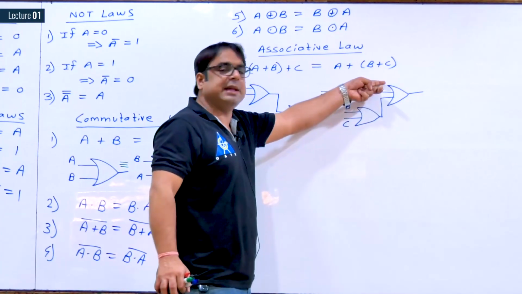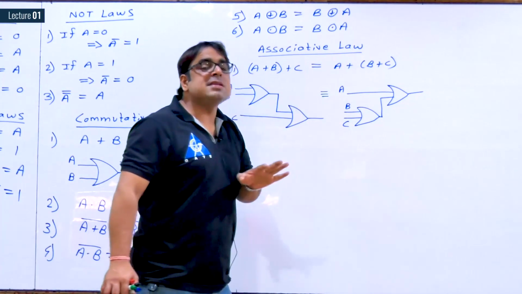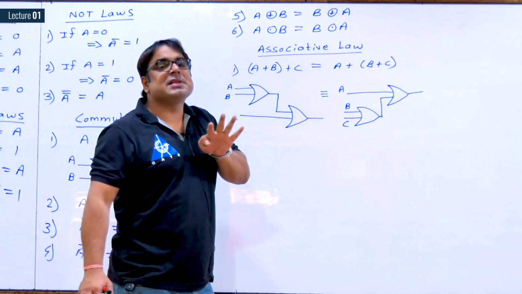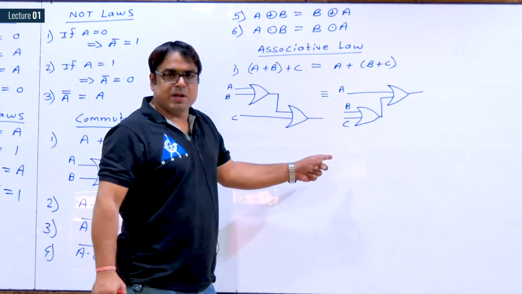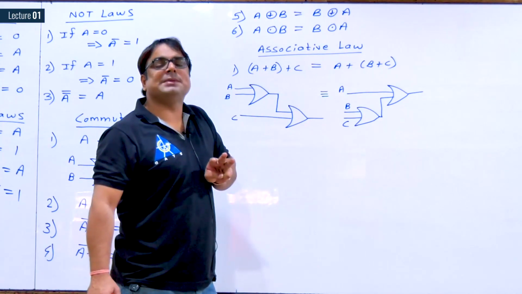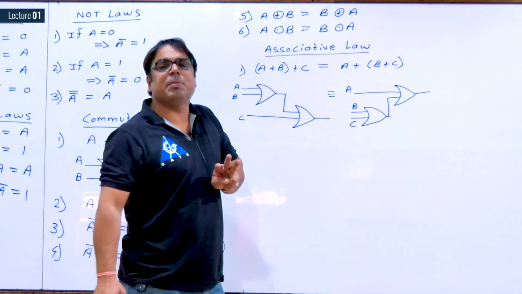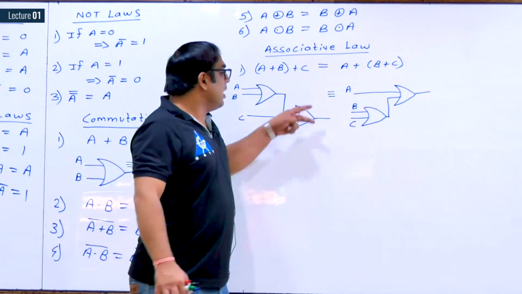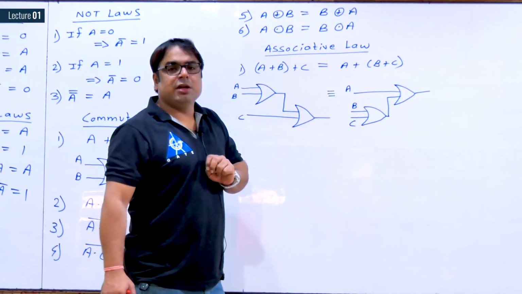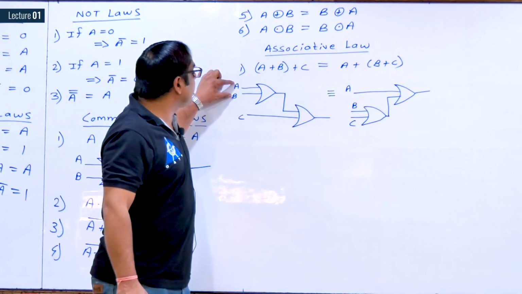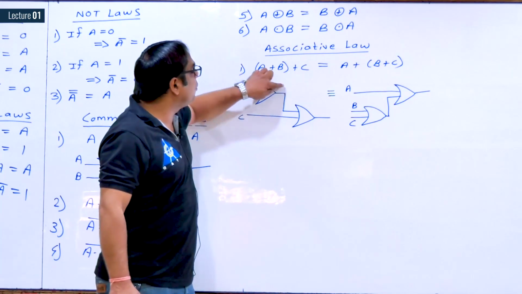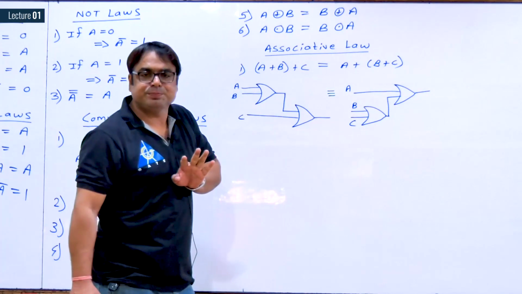and C with A. Means if you have to solve three inputs using two input gate, if you have three inputs in the operation and you have only two input gate, so whatever two input you want, you can solve first and then output with the next one.